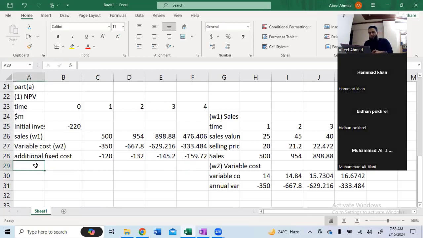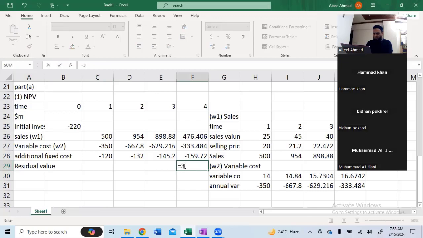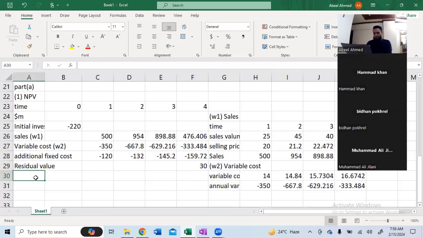We have taken sales, variable costs, and additional fixed costs. I think everything has come. Yes or no? Just take the residual value, which is, I believe, 30. Now we can calculate net cash flows. Net.